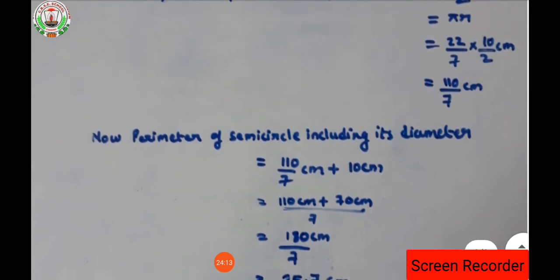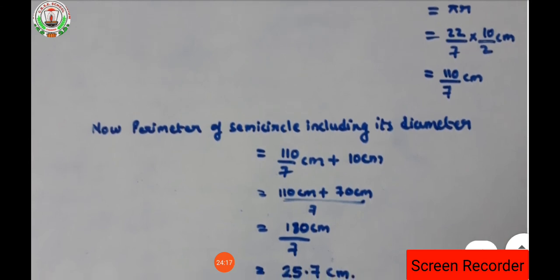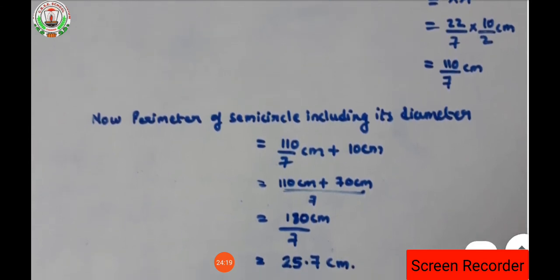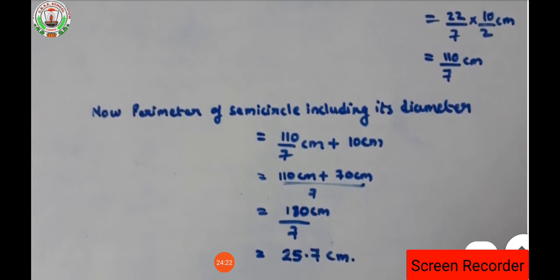So 110 centimeter plus 70 centimeter upon 7. 110 plus 70 is 180 centimeter upon 7. So 180 centimeter upon 7, when divided, we will get the required answer as 25.7. Okay, so here we have completed up to the 7th question.